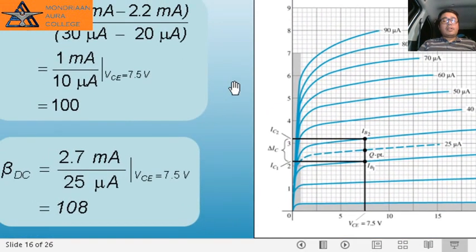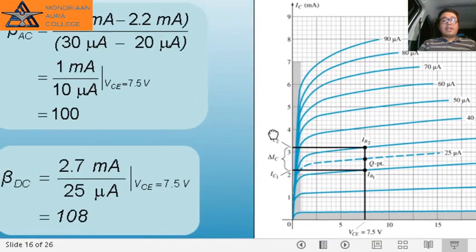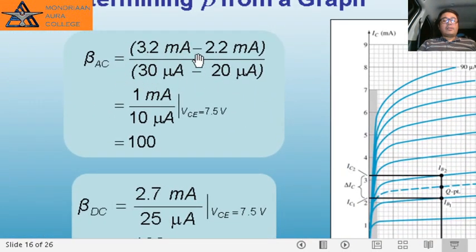Alright. May corresponding change din tayo dun sa ating I sub B. So, we have IB1 and IB2. Yung IB1 is 20 micro. Yung IB2 is 30 micro. Kaya ima-minus lang natin yon. 30 microamperes minus 20 microamperes is equal to 10 microamperes. So, yun yung pagbabago sa I sub B natin.